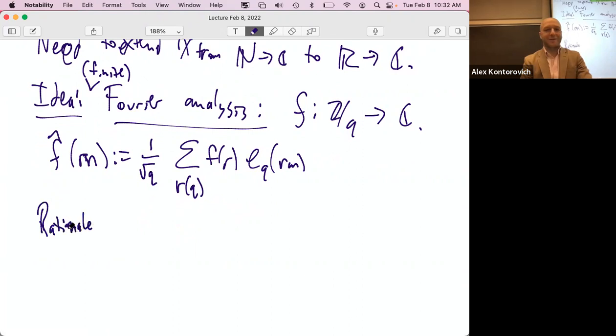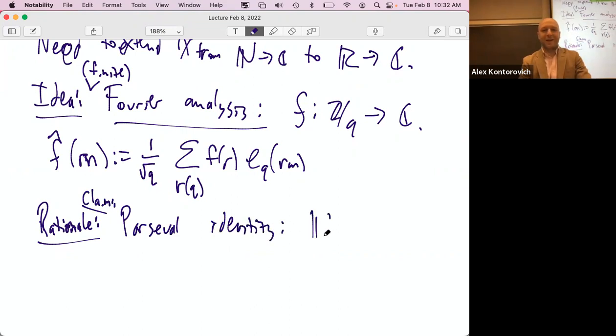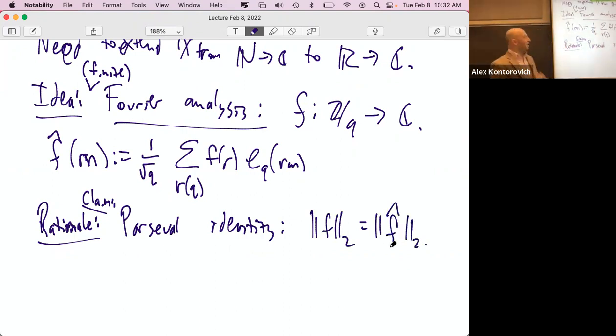The reason I like to do it this way, the rationale, well, there's a number of different rationales, but my preferred one is to have a clean Parseval. So Parseval identity, so this is a claim, Parseval identity, which will now read that the L2 norm of f is the same as the L2 norm of its Fourier transform. In other words, taking this Fourier transform is an isometry.